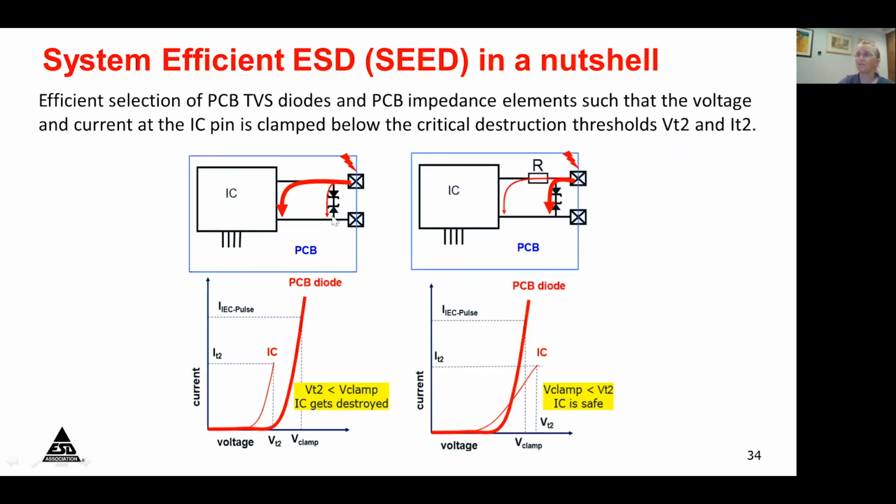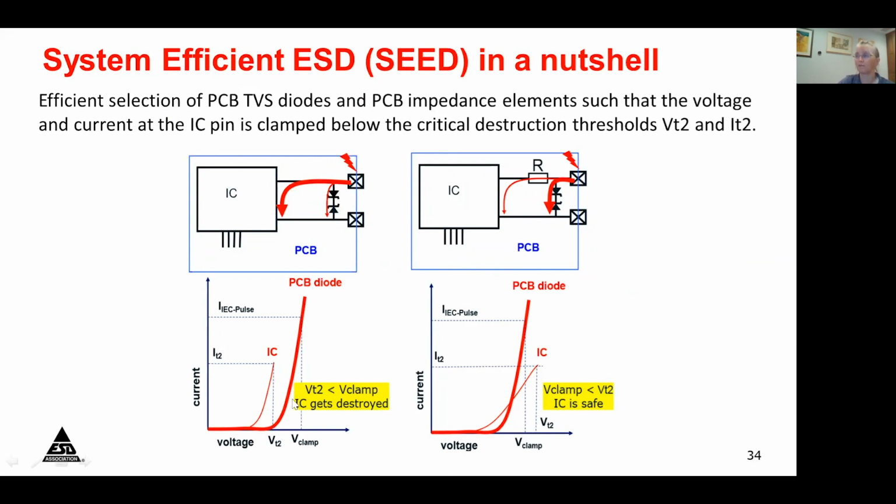One of the board level design challenges is to select the right protection for the IC. So a board designer, a system designer, goes and buys an off-the-shelf TI part, for example, and then is wondering, okay, what type of protection do I need? So there needs to be some understanding of the threshold voltages that are safe on the IC, and then select an external protection that will trigger before the destructive limit is reached.